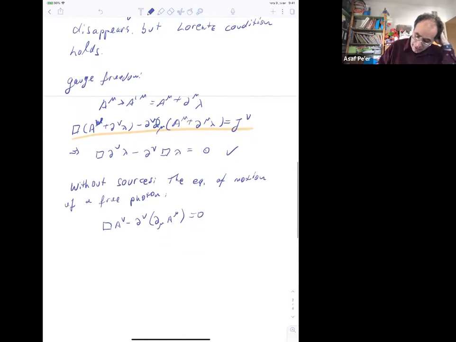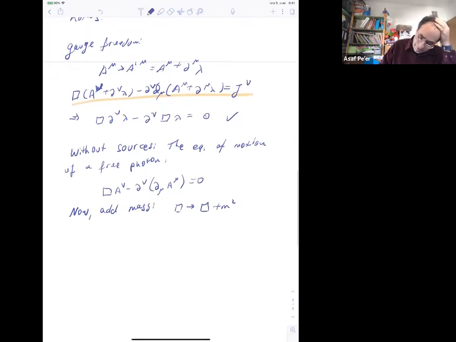But now, if you want to add mass, basically we take the D'Alembertian and simply add the mass term. Then we end up with the equation of motion: the D'Alembertian plus m squared, A^nu minus d^nu d_mu A^mu is equal to 0.